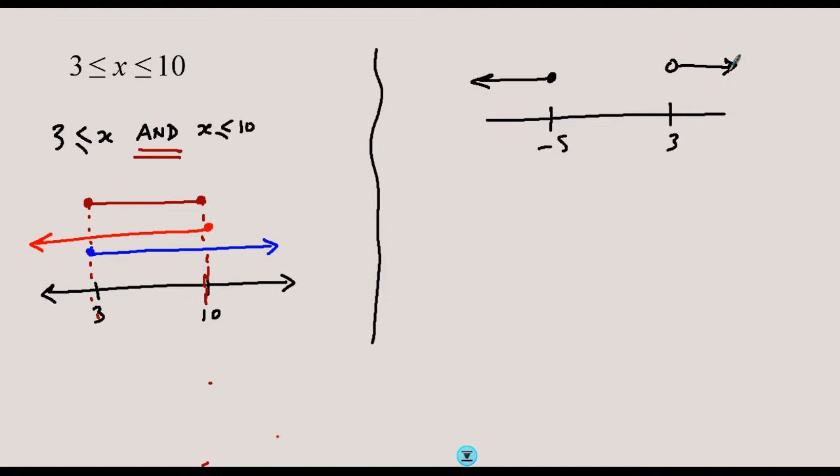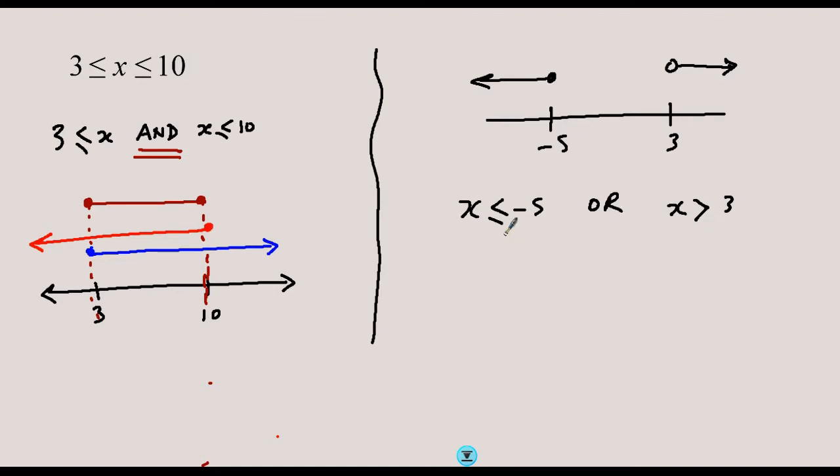And the two regions, if they are both representing your solution set, then in this case, x is less than or equal to -5. This represents this region. And you have x is greater than 3. It represents this region. But because you want to take both of them, then there is an or in between.